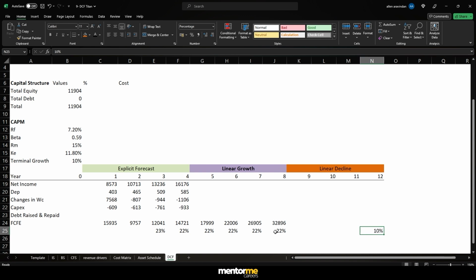So in the linear decline phase, this growth rate will keep coming down until it becomes constant at 10%. The formula you can put is last year's value minus the constant decline value. So it is 22% minus the long-term growth rate, divided by how many years do we have? 1, 2, 3.